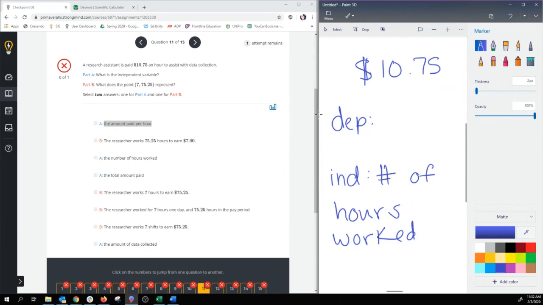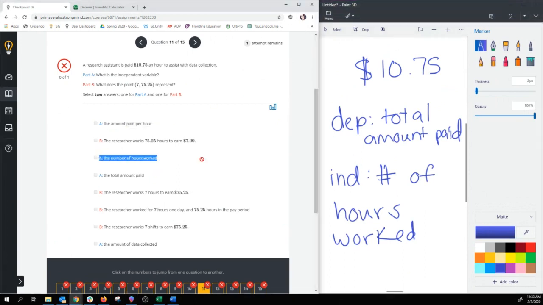And then the dependent variable is the total amount paid, because the amount you are paid is dependent on the number of hours worked. So sorry, for this one here, it should be the number of hours worked.